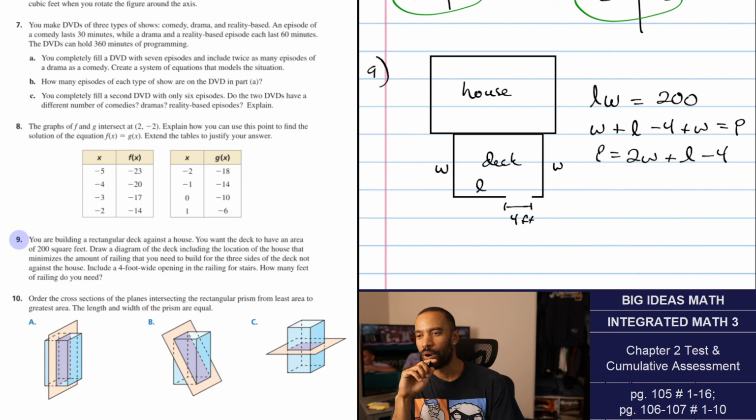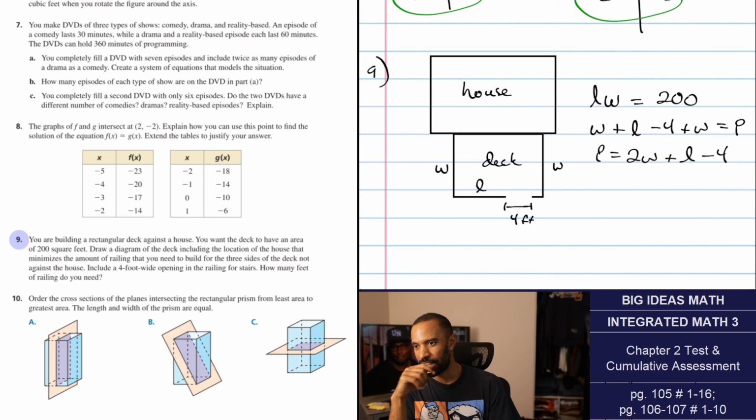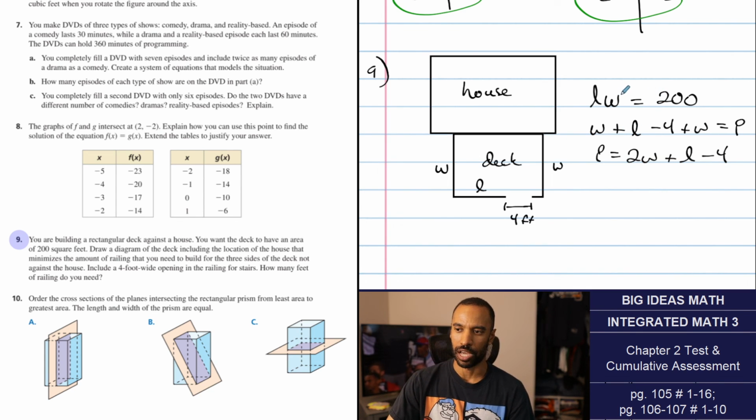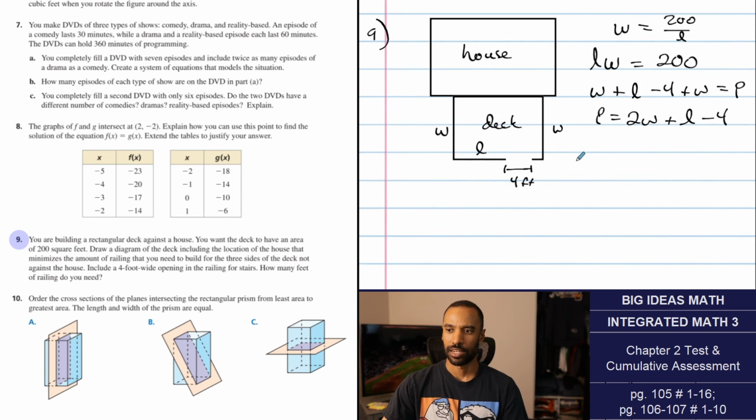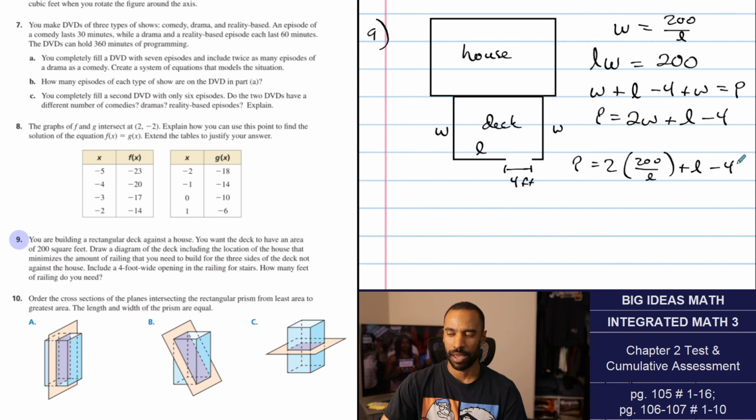Now, if I rewrite one of these in terms of just L or W, I don't know which one's easier. W equals 200 over L. Then I can do perimeter equals 2 times 200 over L plus L minus 4.